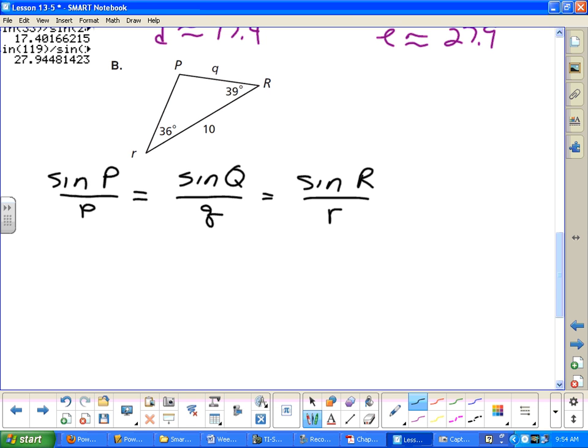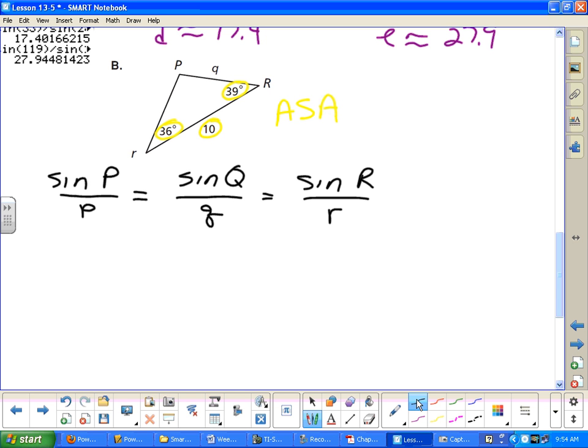Now here we have it written as angle, side, angle. So this is our ASA, angle, side, angle. Can I use the law of sines for that? Yes, we said that I can for angle, side, angle.